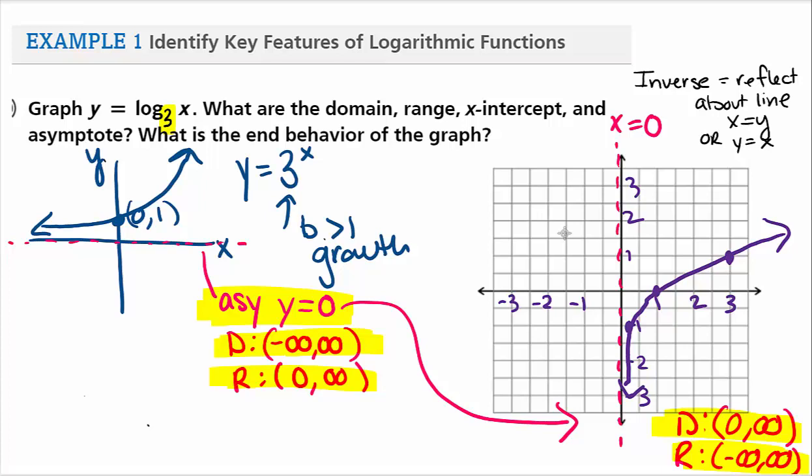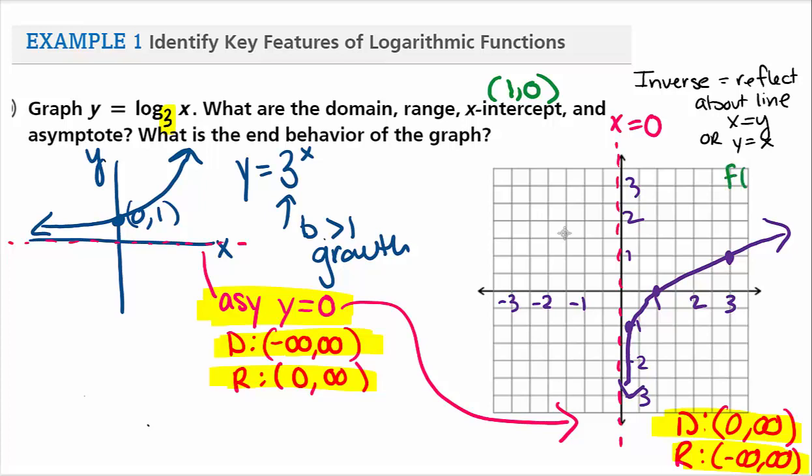Now let's finish off with answering the rest of these questions. Our x-intercept is at 1, 0. We already identified our asymptote, and now we have to do our end behavior. So end behavior talks about what is happening as the x values get larger and what is happening when the x values get smaller. So if we look at our right-hand side of the graph, the y values are increasing.